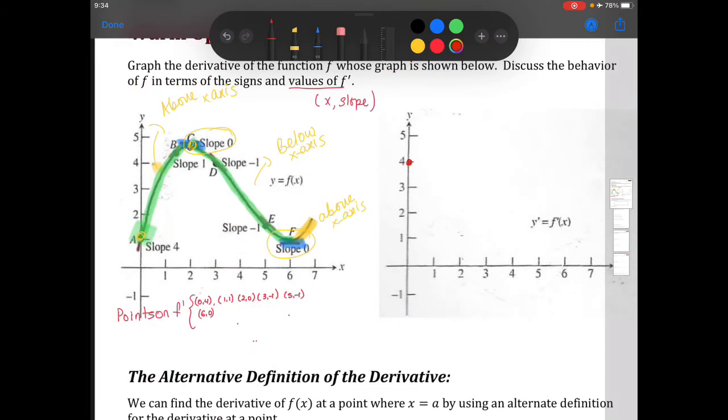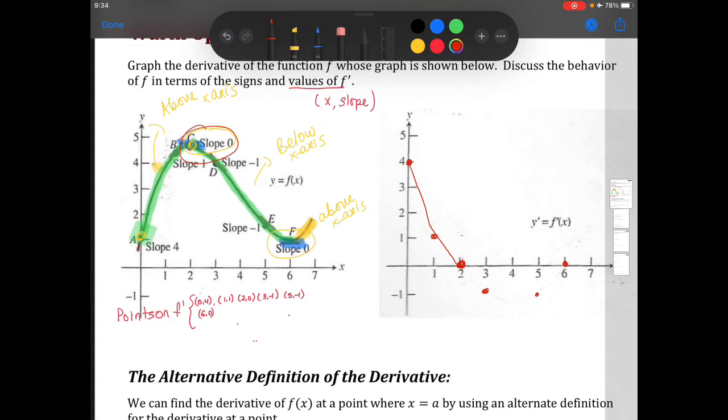And graph them. So (0, 4), (1, 1), (2, 0), (3, -1), (5, -1), and what else? (6, 0). So again, look here, from A to C, it was above the x-axis. At C, your slope was 0.